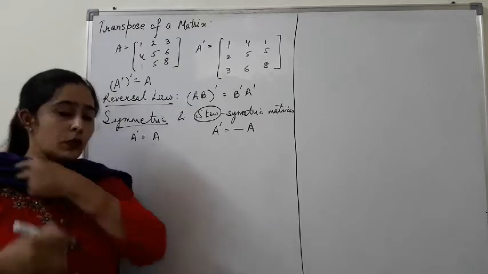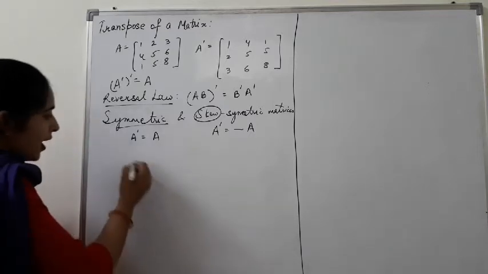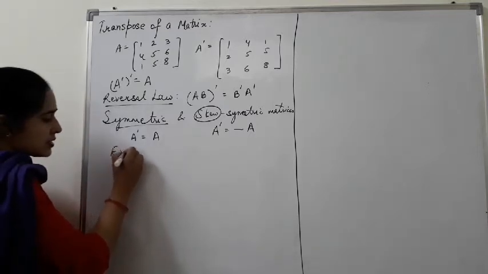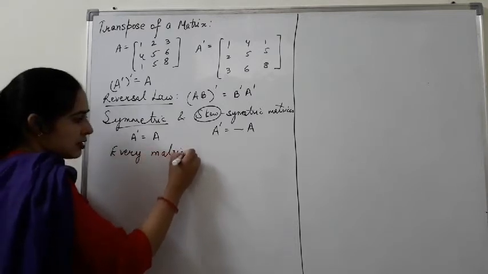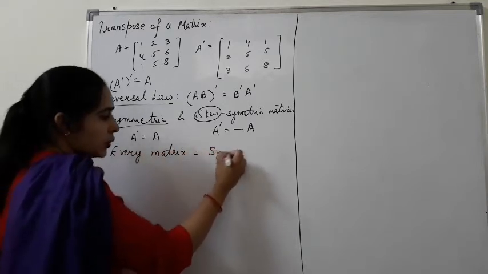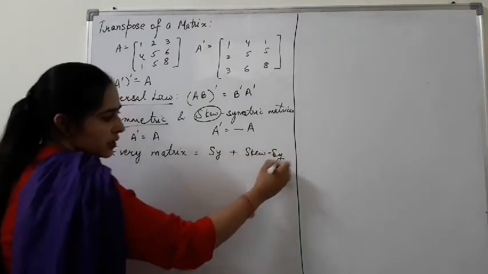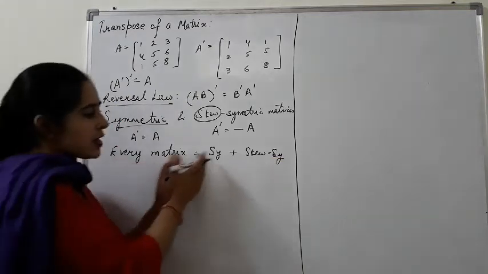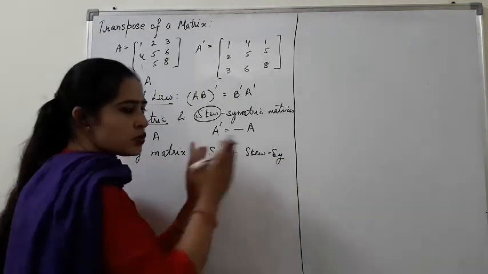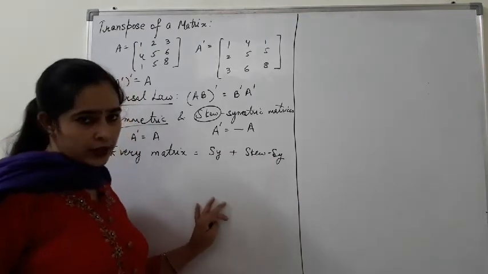Now we shall come to a very interesting result: every matrix can be written as a sum of a symmetric plus a skew-symmetric matrix. Let us see how we can write it.